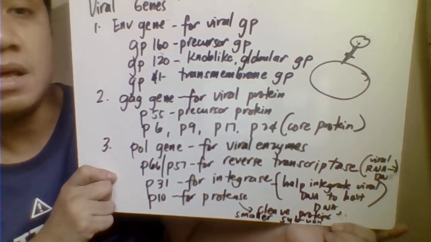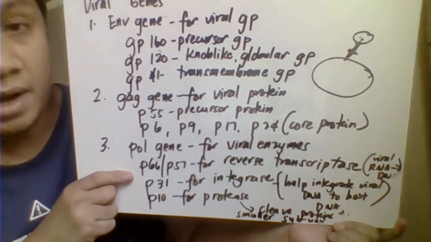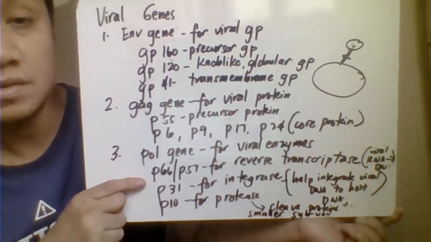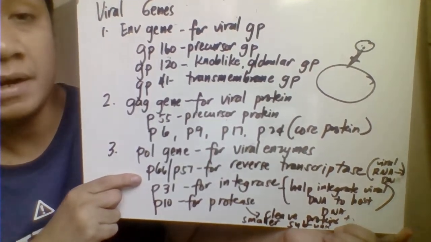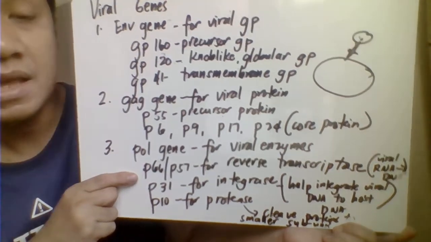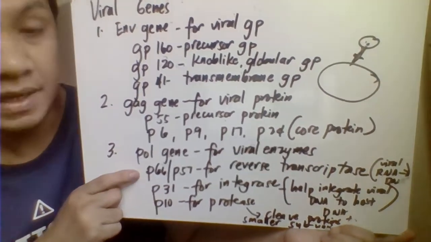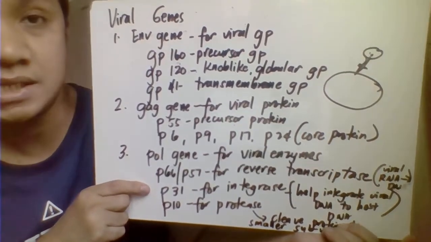That would enable it to insert into the host DNA. Then P31 gives rise to another enzyme, integrase. It is utilized by the virus after its RNA is transformed into DNA, so that the viral DNA can be inserted into the host DNA. And lastly, we have P10, which is for the protease.